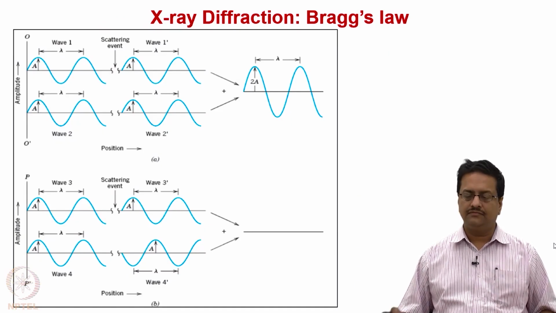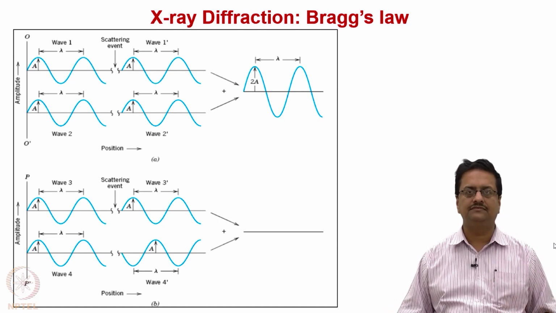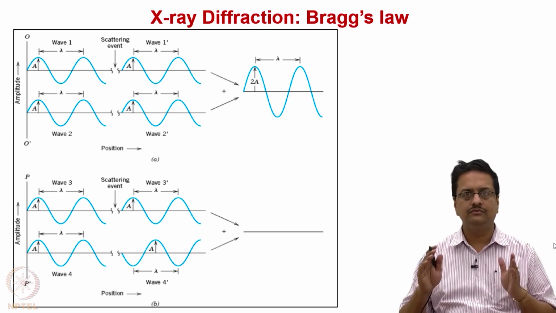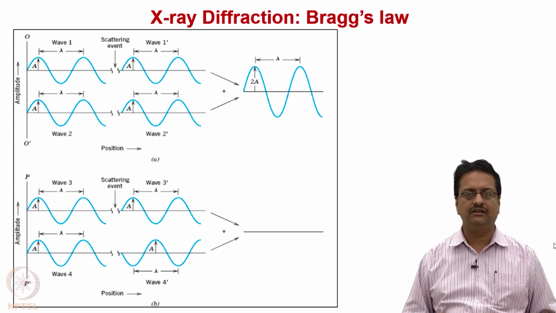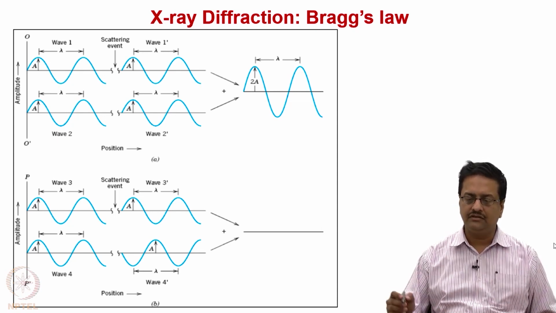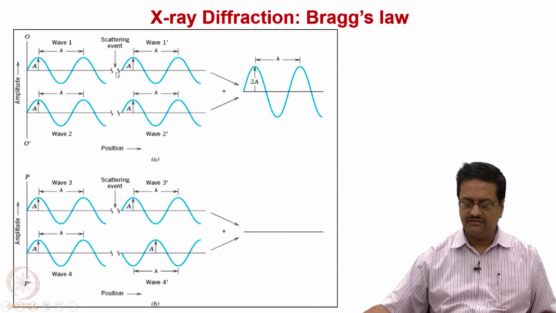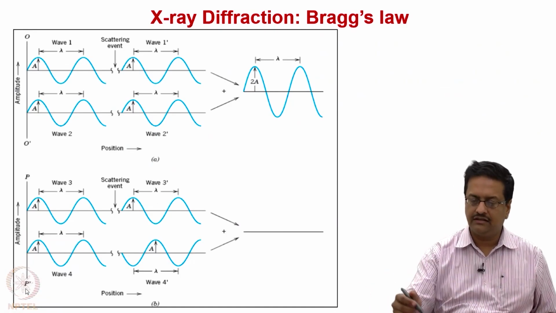The theory of diffraction goes like this: when a set of parallel beams of X-rays fall on a scattering substance like a crystal, two things can happen. A set of parallel beams can get scattered or diffracted from the source of scattering, which is a crystal.